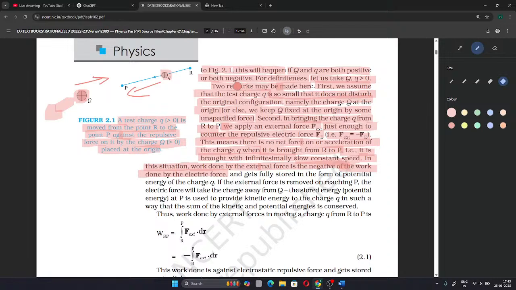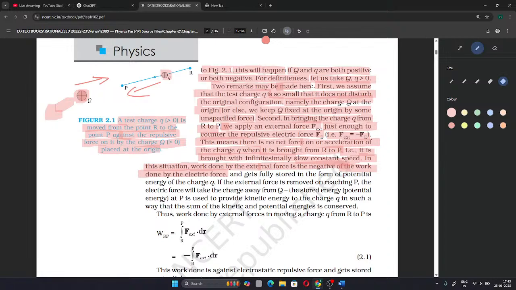If capital Q and small q are both main charges, positive or both negative, for definiteness, let us take capital Q, small q both greater than 0. Two remarks may be made here. First, we assume that the test charge q is so small that it does not disturb the original configuration, namely the main charge Q at the origin, or else we keep the main charge Q fixed at the origin by some unspecified force.